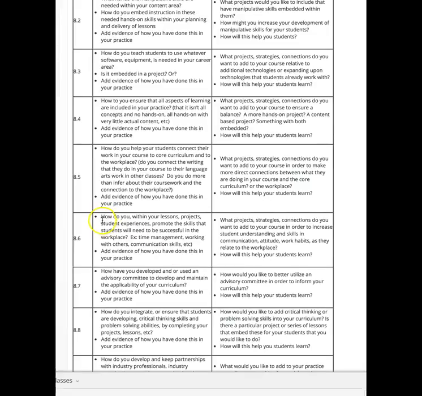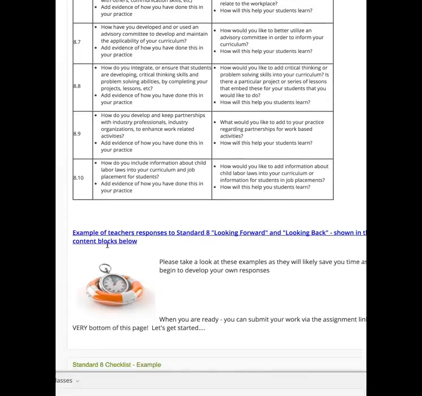I have written some questions to help because some of these substandards are more challenging to understand. So, okay, what are they trying to ask me? How do I, within my lessons, projects, or student experiences, promote the skills that students will need to be successful in the workplace? Like time management, working with others. How do I include that in my lessons and then add evidence? Okay, that sounds good. I can do that.